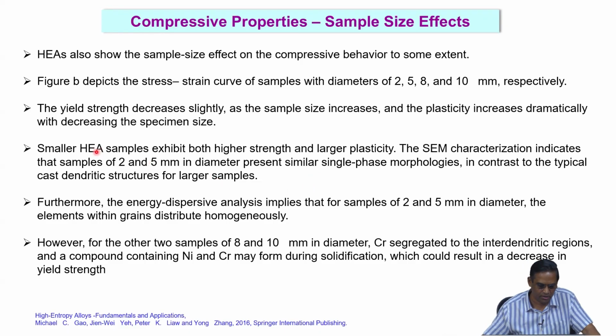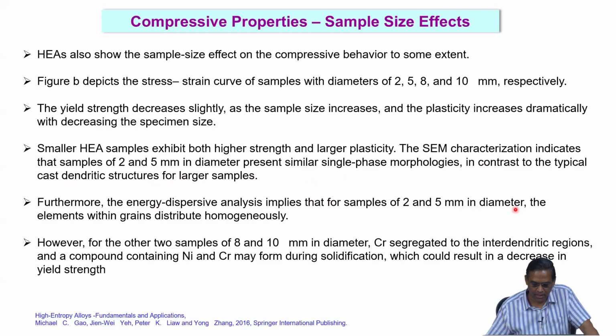So, let us see what we have taken from this literature. Smaller high entropy alloy samples exhibit both high strength and larger plasticity. The SEM characterization indicates that the samples of 2 and 5 mm in diameter present similar single phase morphologies, in contrast to the typical cast dendritic structure for larger samples. A cast dendritic structure will always have a lot of defects and multiple phases.